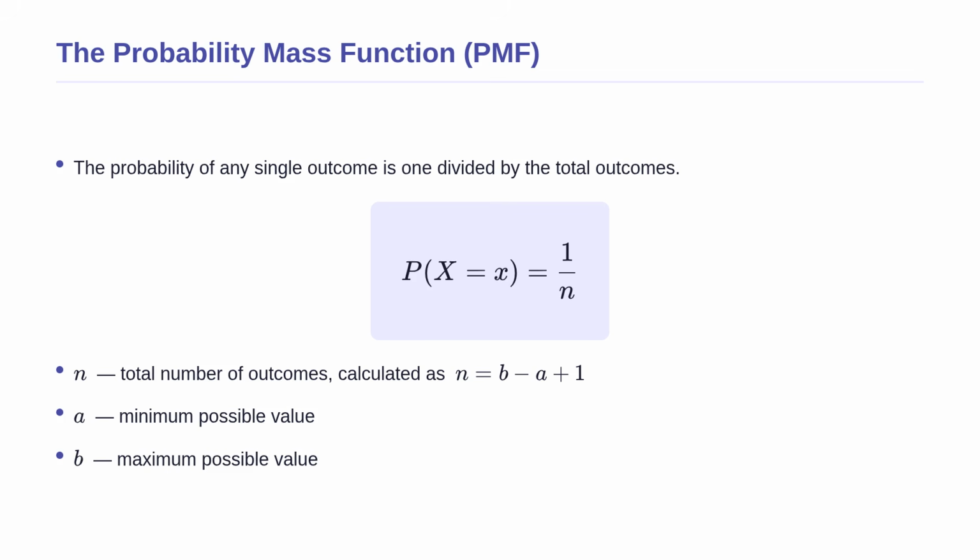The variables A and B represent the minimum and maximum possible values. To find the total number of outcomes n, we subtract A from B and add 1, which ensures we do not accidentally exclude the starting number itself. If the range increases, the probability of each individual outcome decreases.